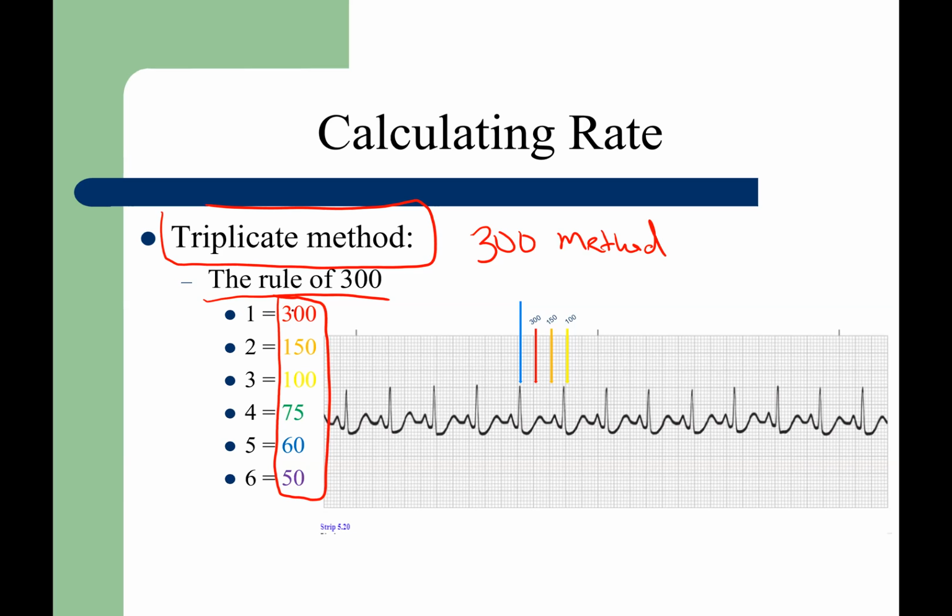So the first number is equivalent to 5 small boxes. The second number is equivalent to, well, 10 small boxes.